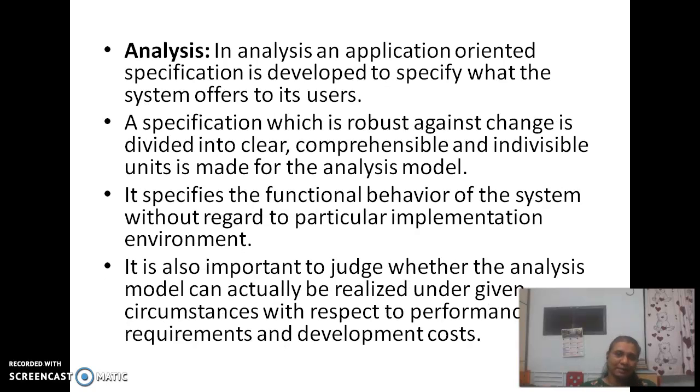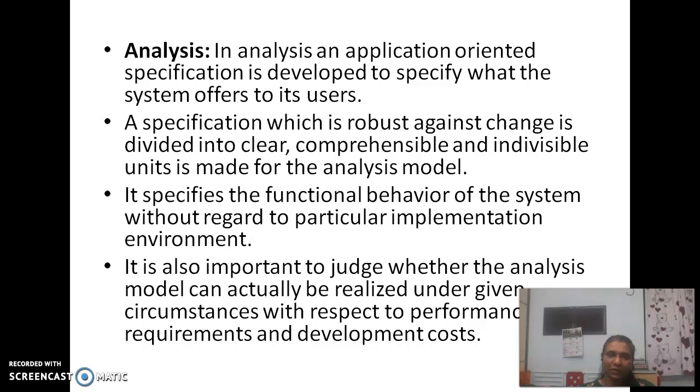So coming to analysis, in analysis, an application-oriented specification is developed to specify what the system offers to its users. So it is a detailed description about what are the requirements of the users, what the user is trying to intend from this particular software, what are his requirements, what are his expectations.